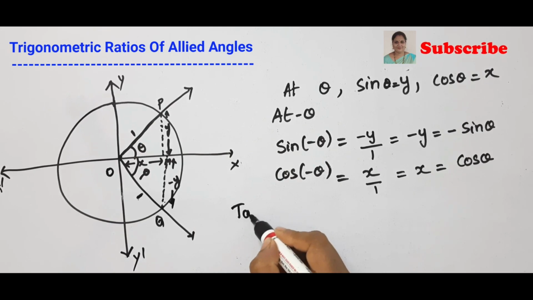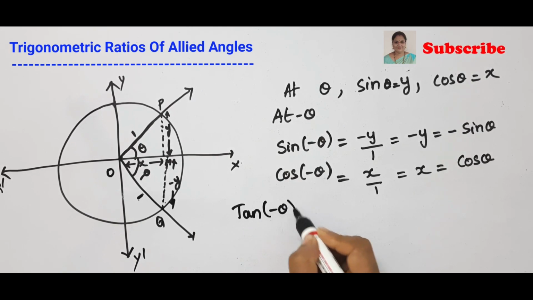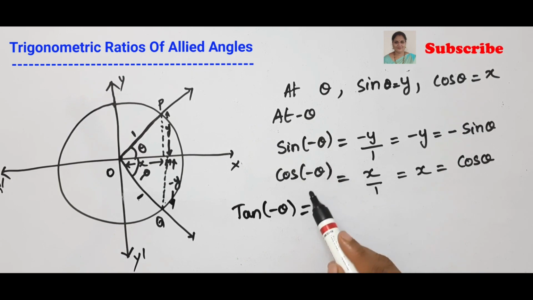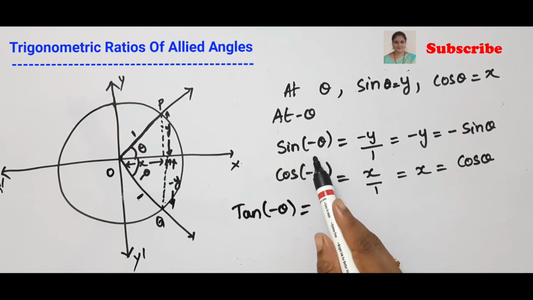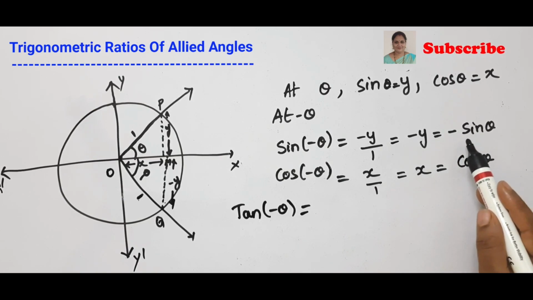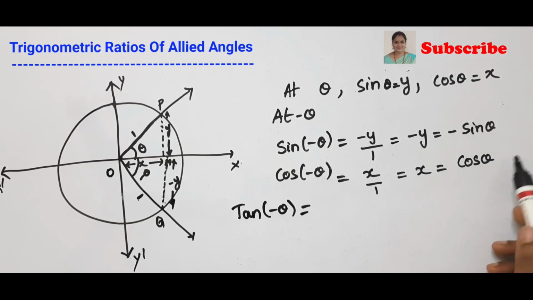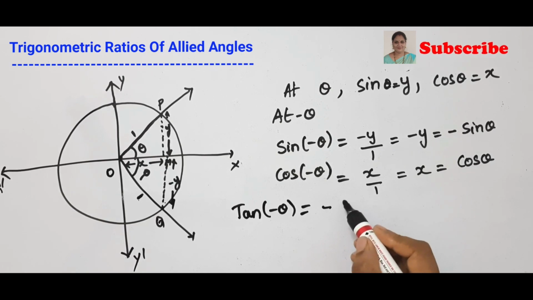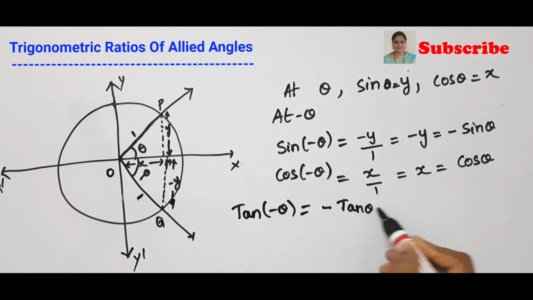Tan of minus theta is nothing but sine of minus theta by cos of minus theta. We got sine of minus theta as minus sine theta, cos of minus theta as cos theta. So minus sine theta by cos theta is minus tan theta.